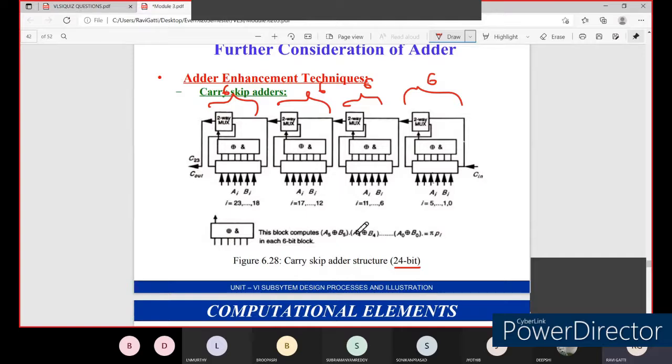With those 2, we can generate general skip adders. This is one of the examples given in your syllabus: how you can design a 24-bit adder by using a mux. This is one of the simple examples.